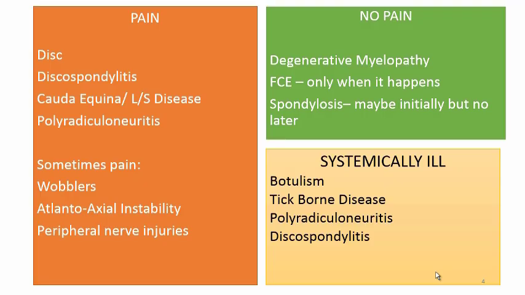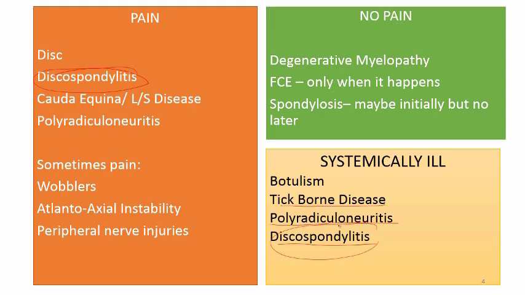For example, if I have a dog that is systemically ill and painful, then I am going to look at things that occur in both sides of my pain and systemically ill: things like polyradiculoneuritis, discospondylitis, tick-borne diseases. So this one appears here as well. So I may have a painful animal and it's going to be systemically ill.